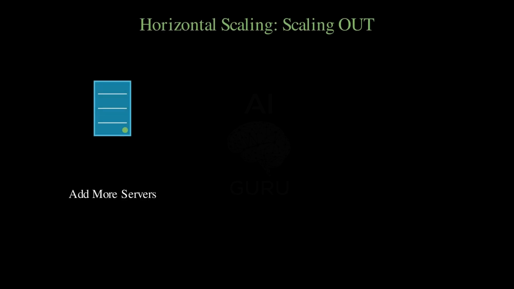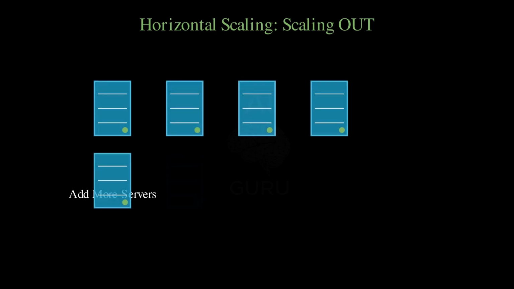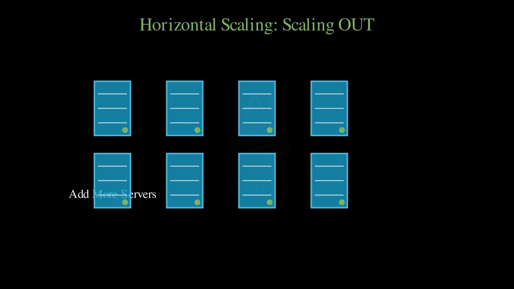Horizontal scaling, or scaling out, means adding more servers to your resource pool. Instead of one powerful server, you have 10 or 100 commodity servers. And you distribute the load across all of them. Now, this introduces complexity for sure. You now have to worry about network issues, data consistency, how to distribute requests. But it's the only viable path to massive scale. It is.